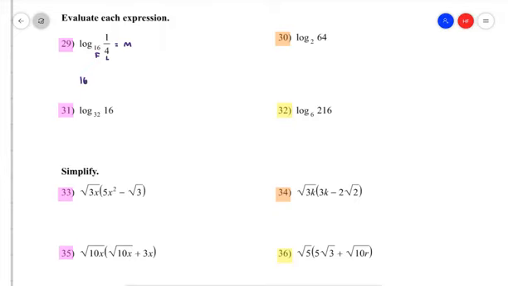Let's say 16 to the x power, or m, whatever you want to put there, equals 1/4, and see if I can play with this in order to make it 1/4. So if I make them the same base, let's see, that's 4 squared equals 4 to the negative 1 power.